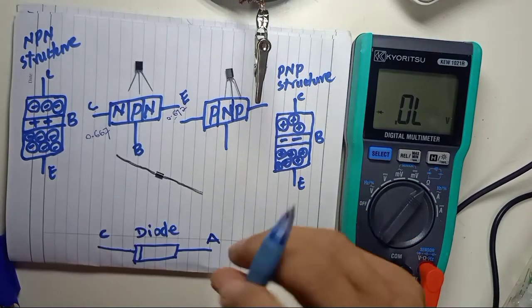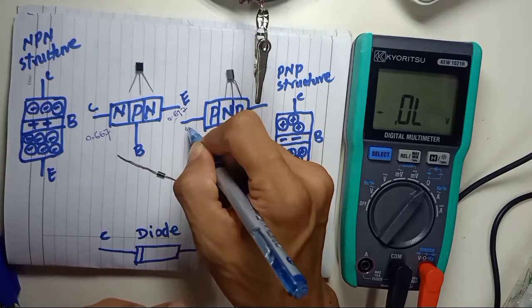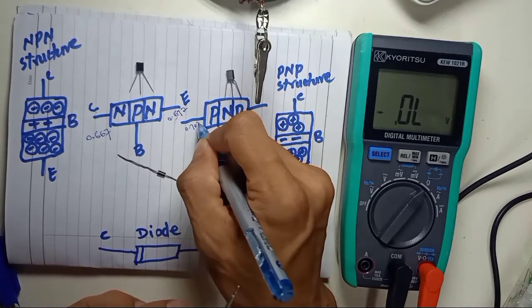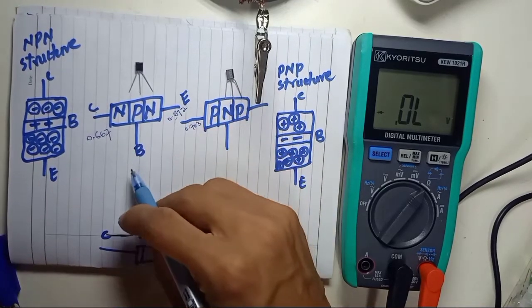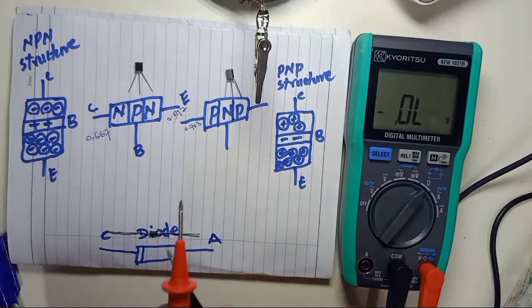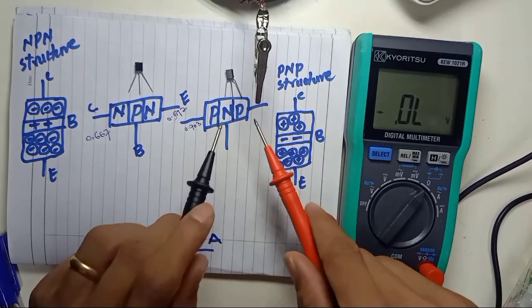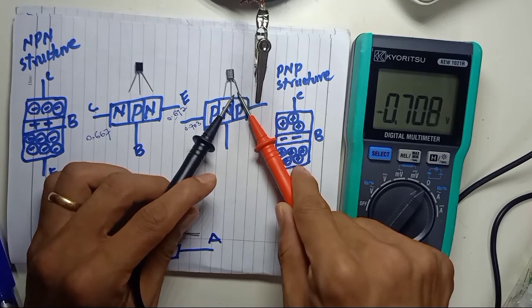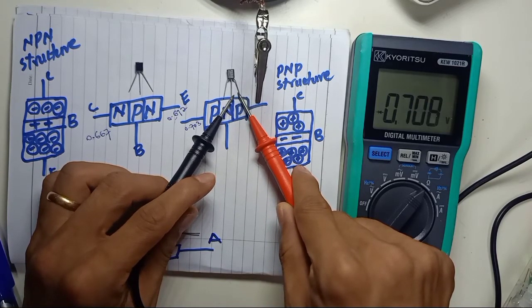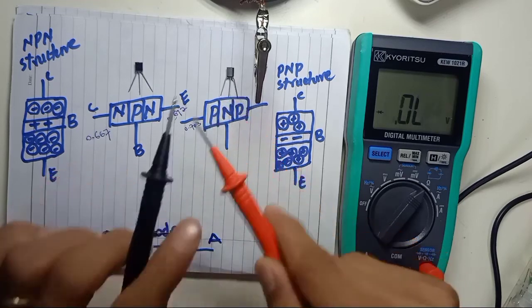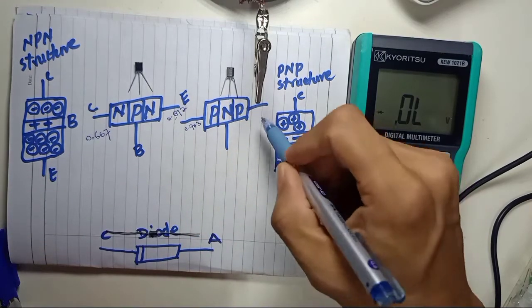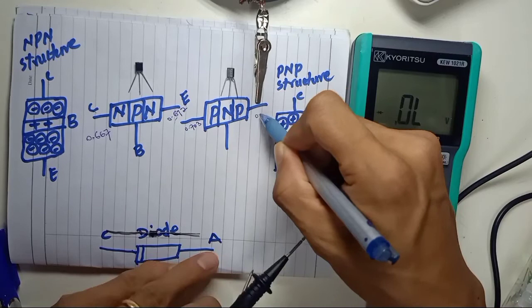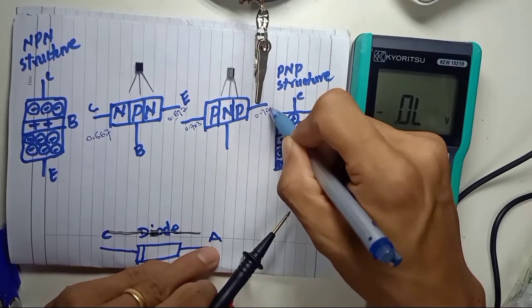You take a mark, 703, and to the top pin, 0.708.